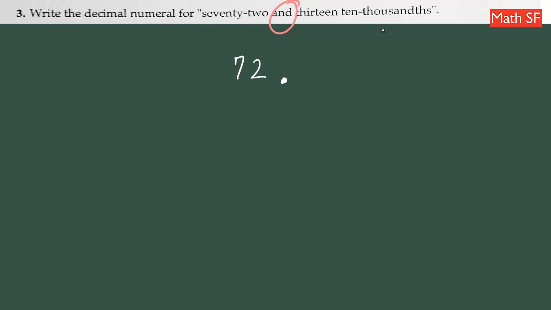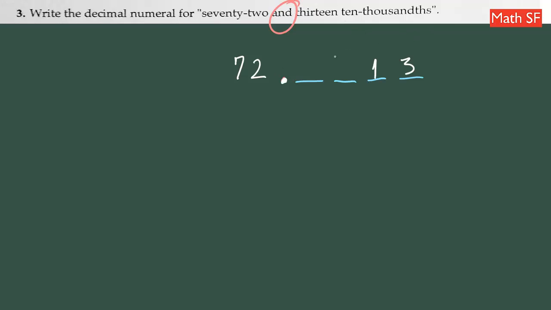The technique here is that we're going to have to build our decimal places up to ten-thousandths. So I'm going to use bars here. This will be the tenths place, hundredths, thousandths, ten-thousandths. Now this 13, I'm going to have to write it so that it ends in the ten-thousandths place.